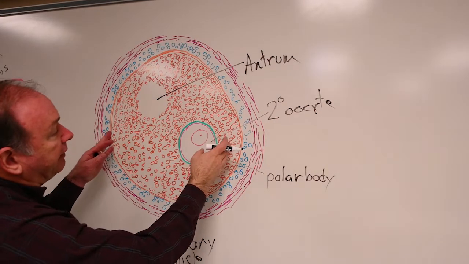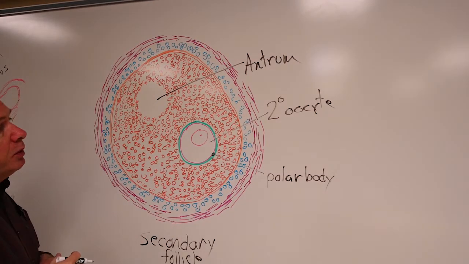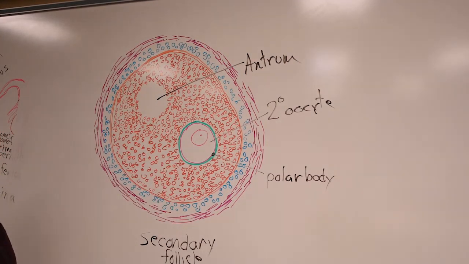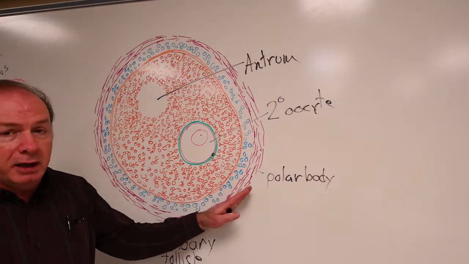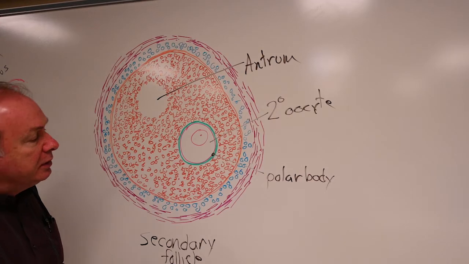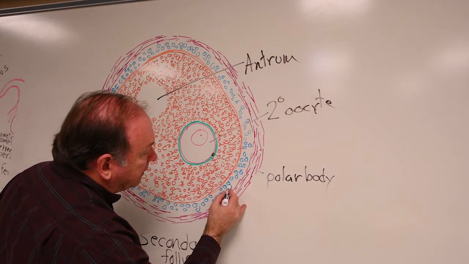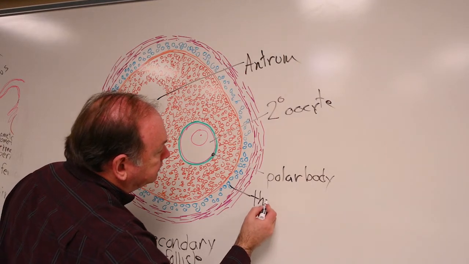To the outside of the follicle cells, remember we had a basal lamina going around there, and then to the outside of your basal lamina, now we see two layers of tissue that are derived from those connective tissues that were outside of the follicle to begin with. These are referred to as the theca interna.